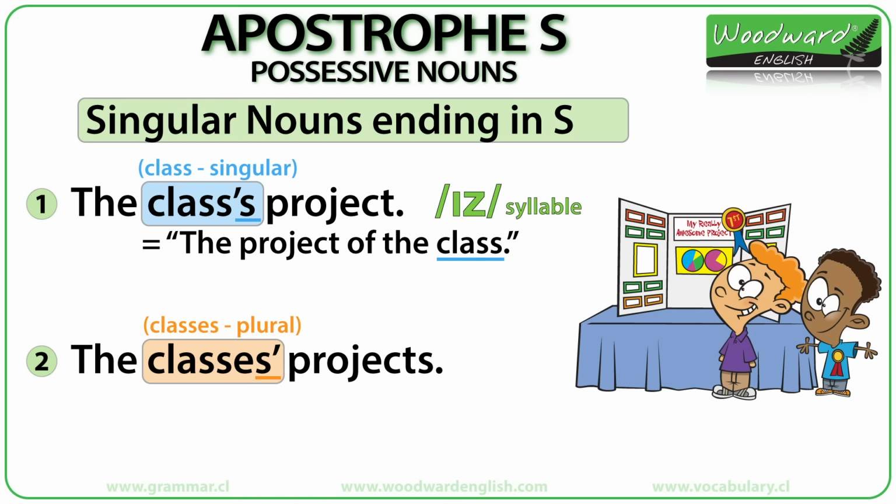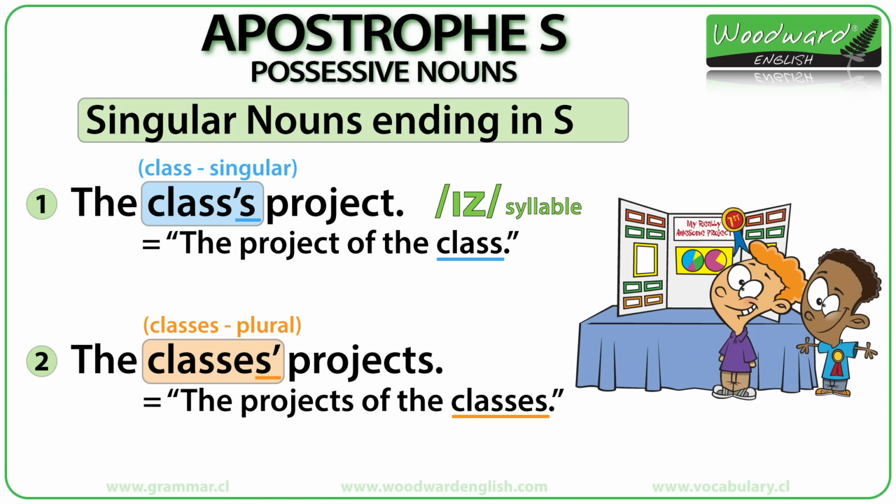We just add an apostrophe to the end because classes is a plural noun ending in S. And this refers to the projects of the classes, the different classes. Also note that we don't say classes's. No. It is a plural noun that ends in S, so we just add the apostrophe.